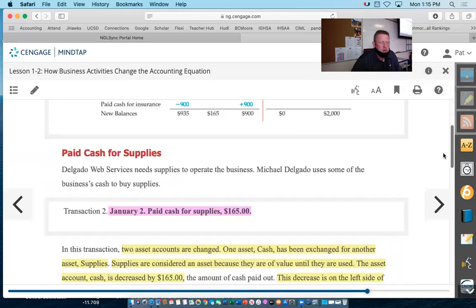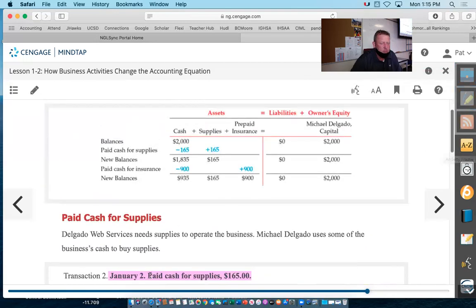So when we get a transaction that says paid cash for supplies, when you pay cash, what happens to cash? Does cash go up or go down when you spend money? It goes down. So you will subtract cash. We had $2,000. We subtracted the supplies, $165.